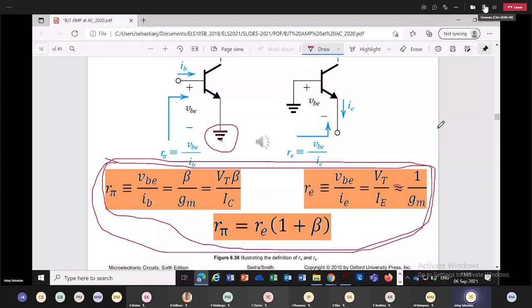That you will understand much later, not now. Currently, this 2 is good enough. As we work out more problems, we will understand that much easier. But even for a common collector, R pi is going to remain same as common emitter.